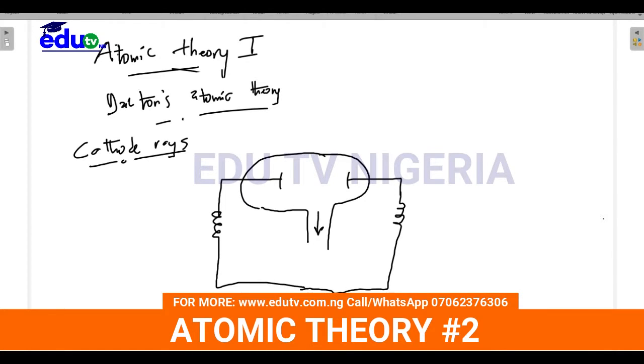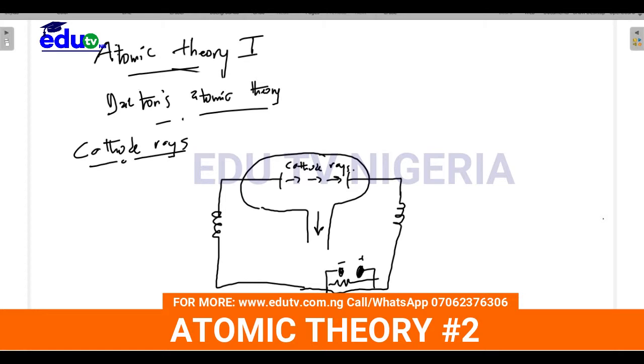So these are the cathode rays. This is a simplified discharge tube.